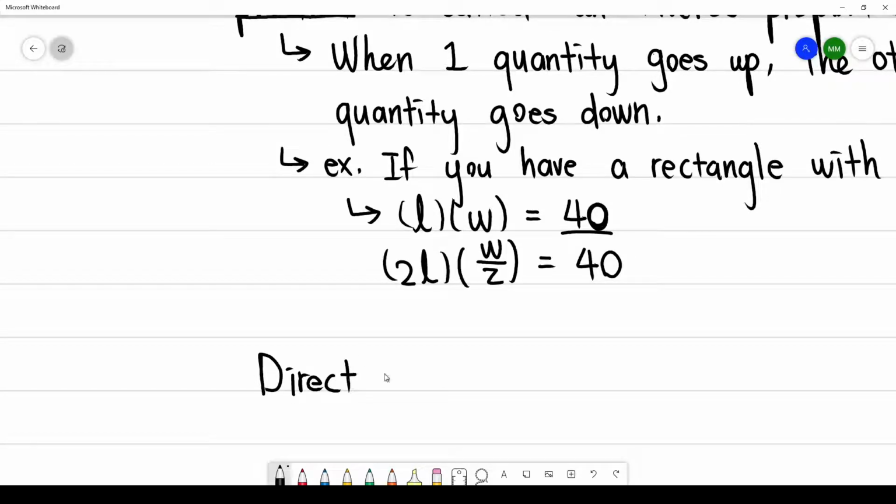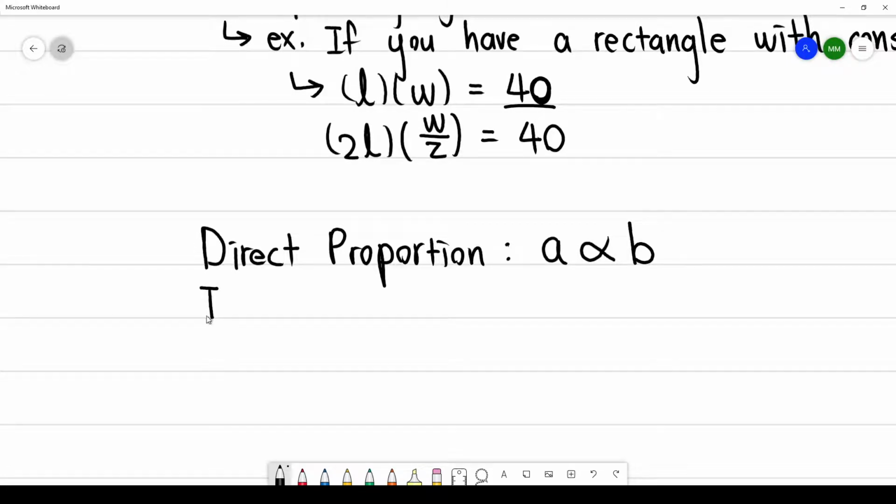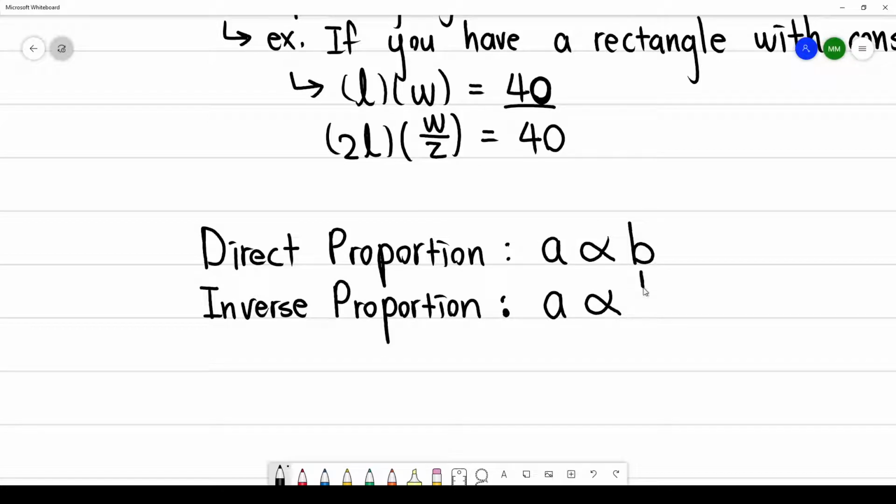For direct proportion, we write it as, let's say I have a value A, and if it's directly proportional to B, we use this symbol: A is proportional to B. And when you write inverse proportion, if A and B are inversely proportional, then we say that A is proportional to 1 over B. So that's the difference.